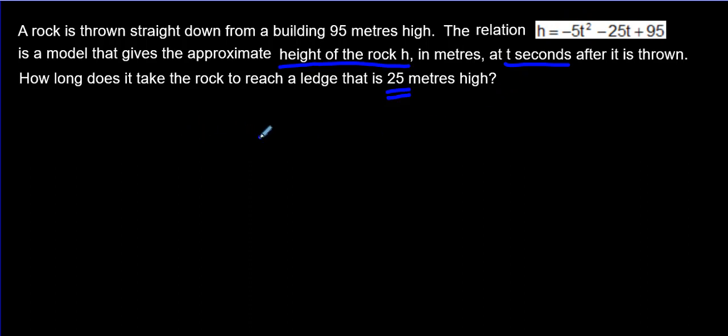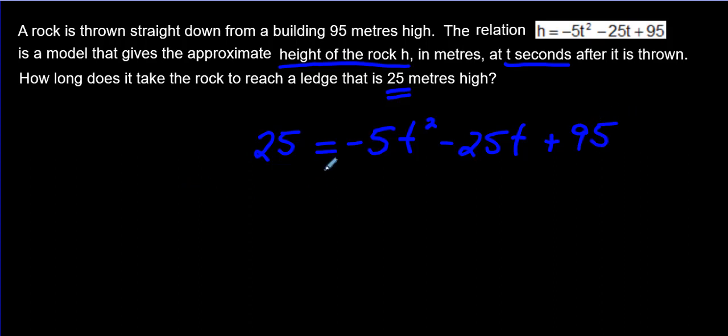How long would it take to reach that 25 meter height, that ledge? Okay, so here's how you'd write it. Instead of h, I am writing 25. Okay, and I want to know the time when the height equals 25 meters. So, sorry for that. Negative 5t squared minus 25t plus 95. I probably should be writing smaller. Now the first thing we want to do in a question like this is we don't just start factoring, okay?